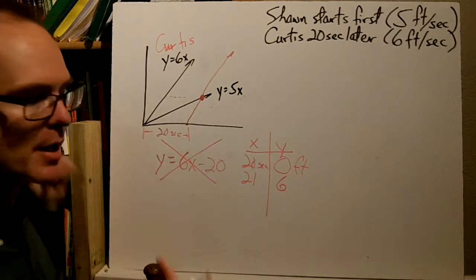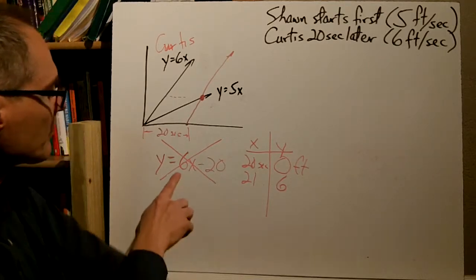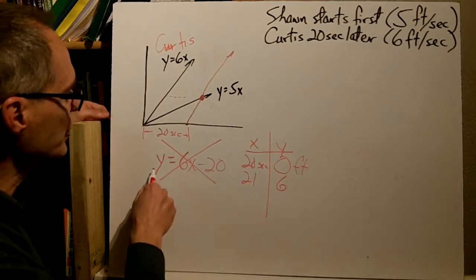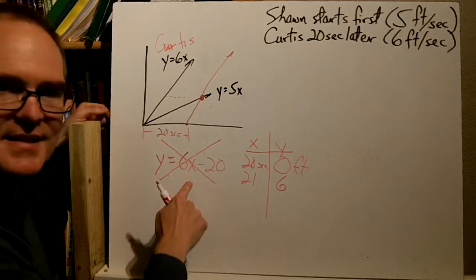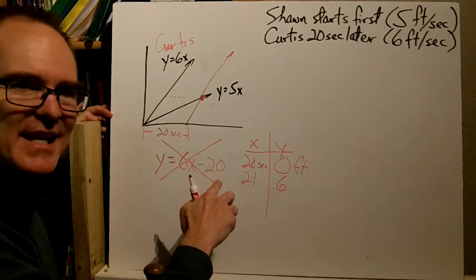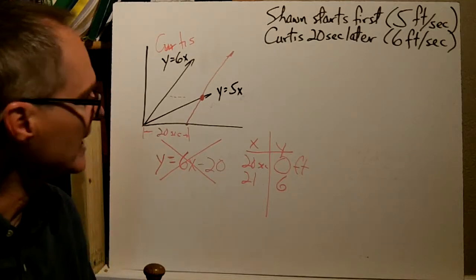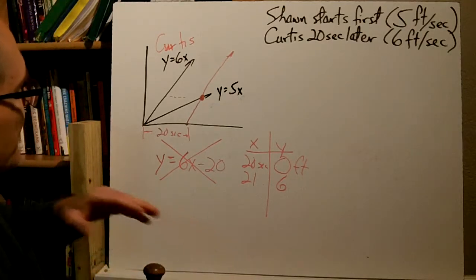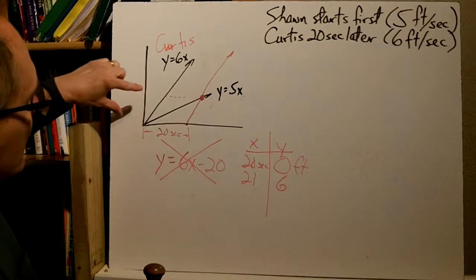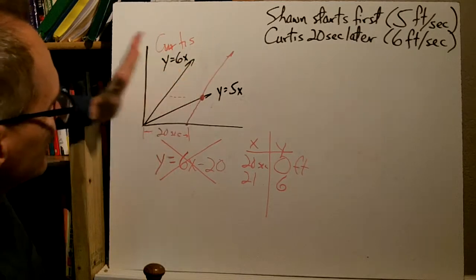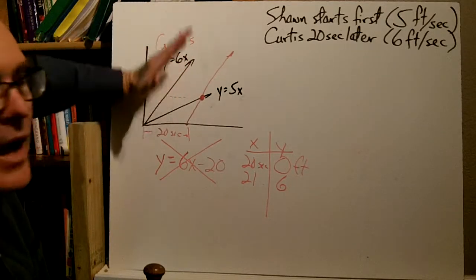In fact, some of you may remember that if you have a function, like say y equals 6x, and you add or subtract a constant amount to that function, that does what's called a translation. It has the effect of shifting the graph, not left or right, but up or down.